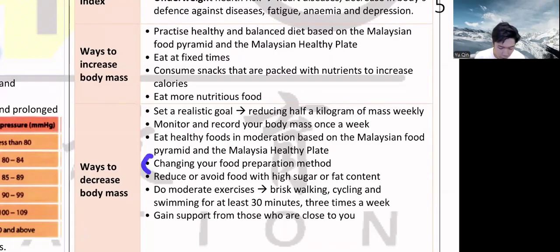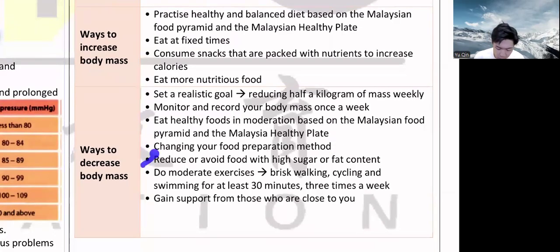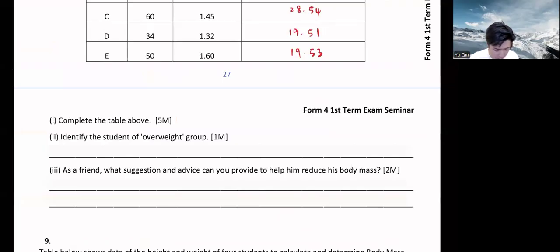So that's how you prepare your food. I think this is a good answer. Or avoid fatty food or sugar, and moderate exercise. Or you can say exercise regularly. I think these three are more straightforward answers. Okay, so either two, because the question is 2 marks.